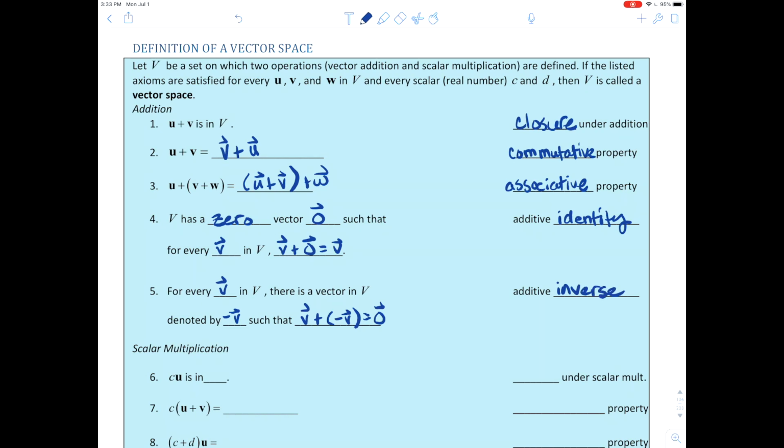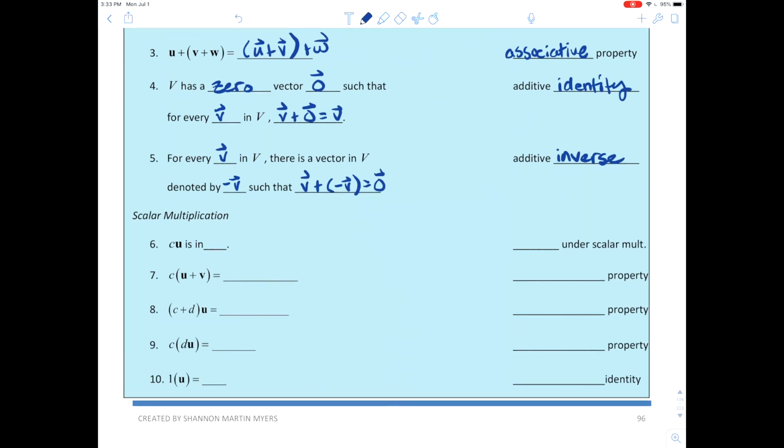All right then, scalar multiplication. If you take a scalar times your vector u, that needs to be in our space V, and that's closure under scalar multiplication. And then c times the quantity u plus v would be c times u plus c times v, and that is our distributive property, one of them.